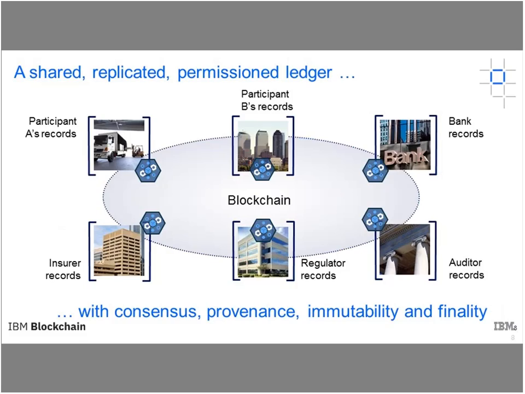And this is not the only characteristic of blockchain: the shared replicated ledger, where I can see everything with proper permission, is the most vital point. But apart from that, what else does blockchain technology provide? That is consensus, provenance, immutability, and finality. These four characteristics are very important nowadays. In our world today, trust is the most vital issue.